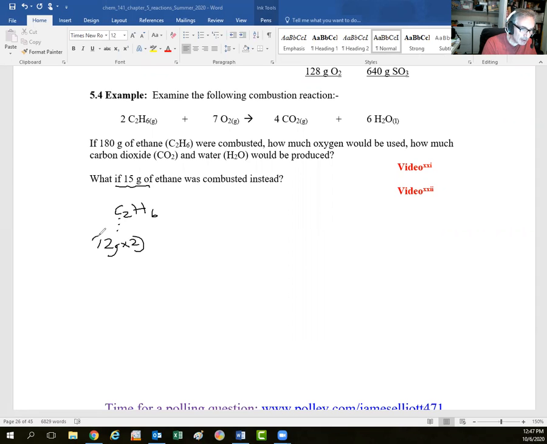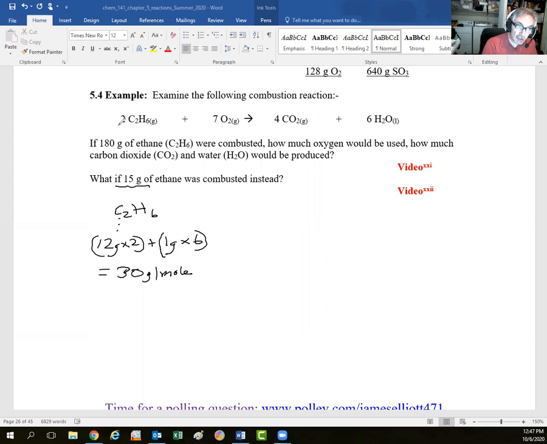That's multiplied by 2 because there's 2 atoms in the formula. 1 gram per mole for hydrogen off the periodic table. Multiplied by 6 because there's 6 in the formula. And so we'd said that 1 mole was 30 grams. So that's a molar quantity for ethane.